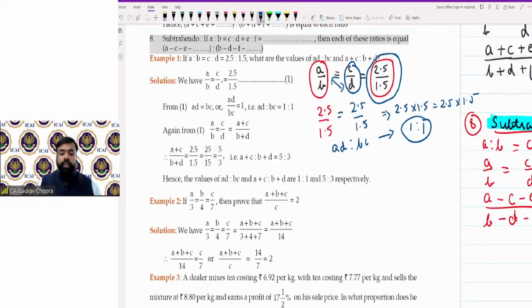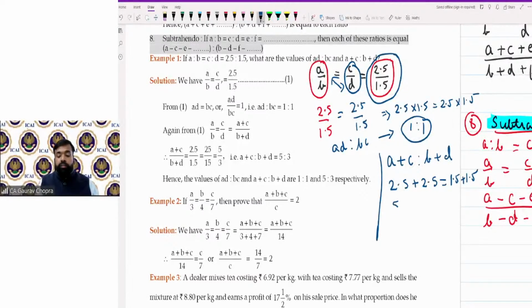Now, in the next one, you can calculate A plus C ratio B plus D. What is the value of A? It is 2.5, and C is also 2.5. What is the value of B and D? It is 1.5 and also 1.5.